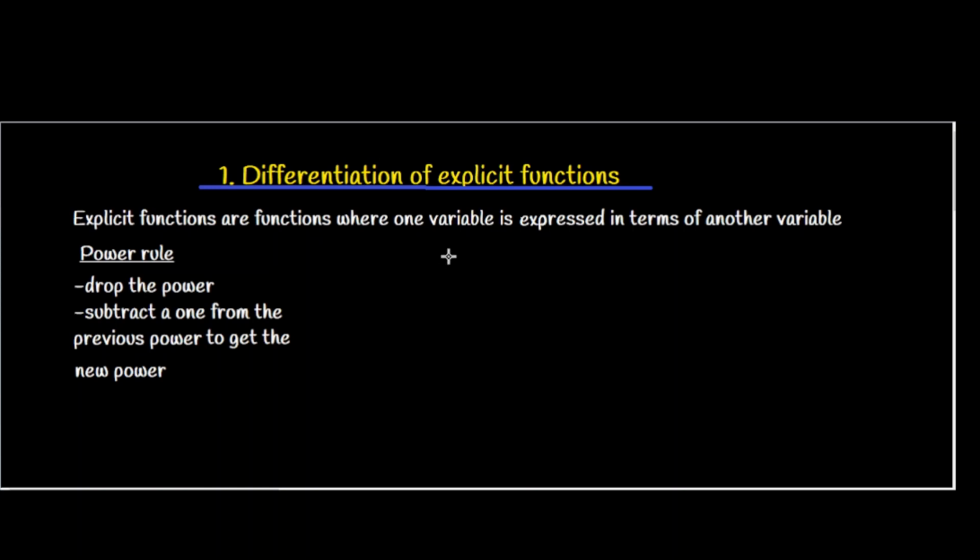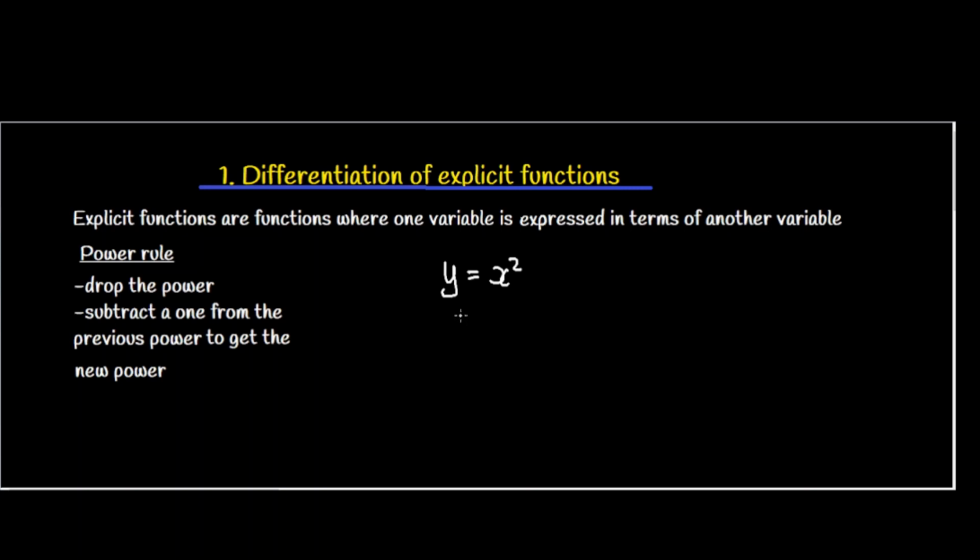Assuming you have our function, which is y equal to x squared, something like that. Before we begin differentiating, let's take note of this. The function that we get after differentiating is called the derivative function.